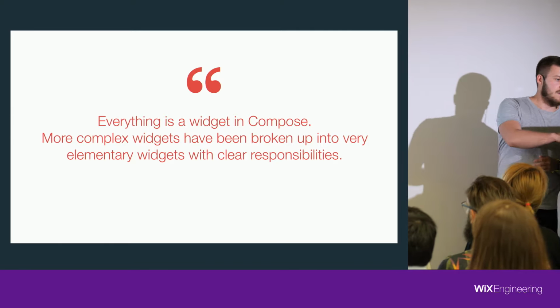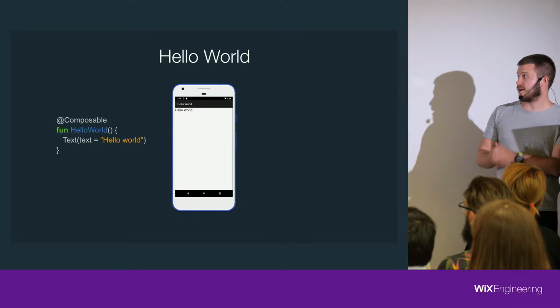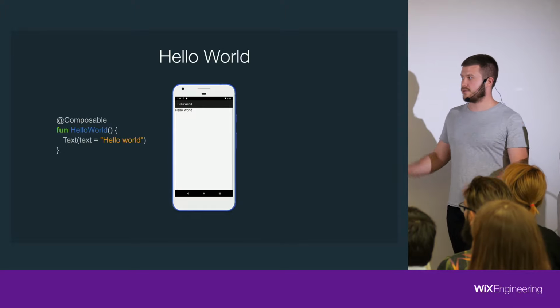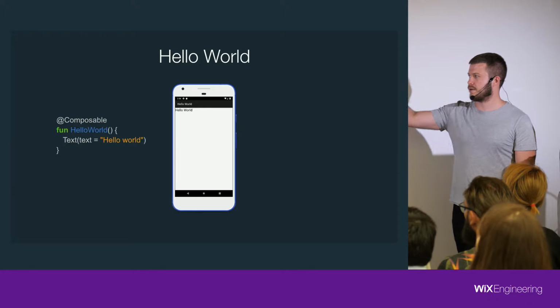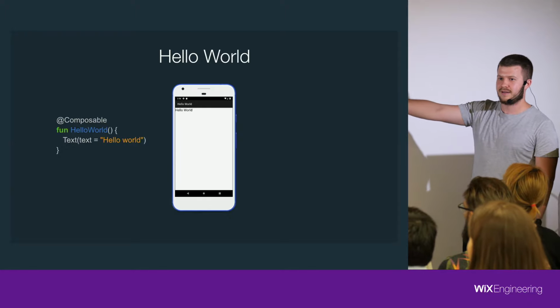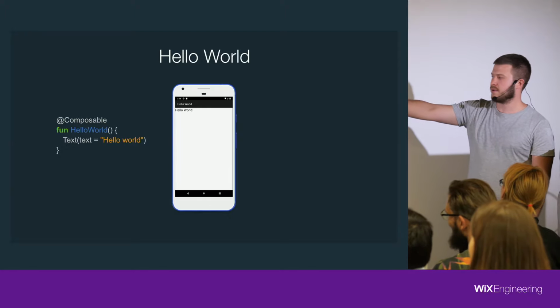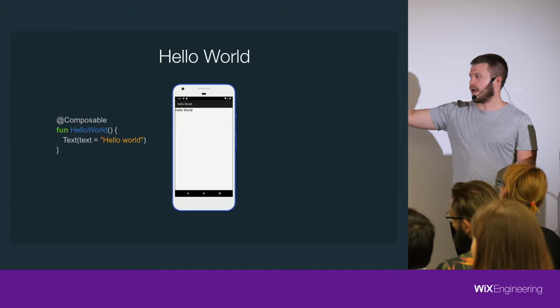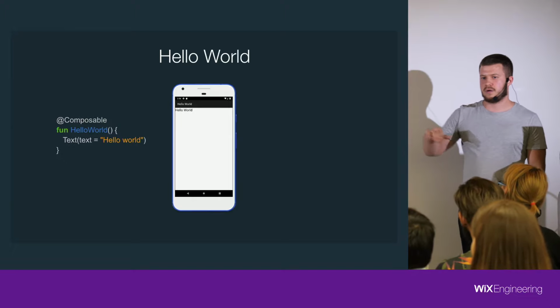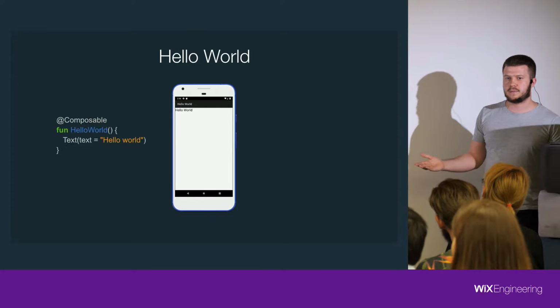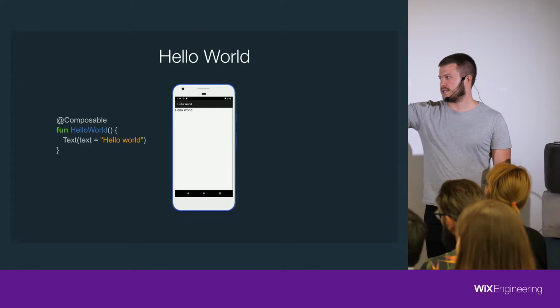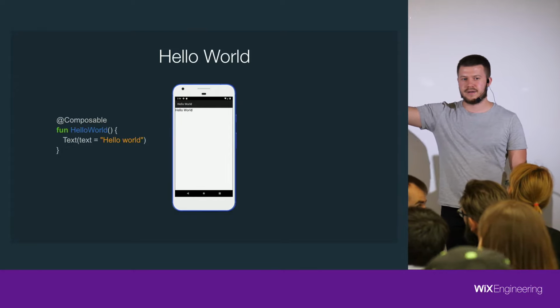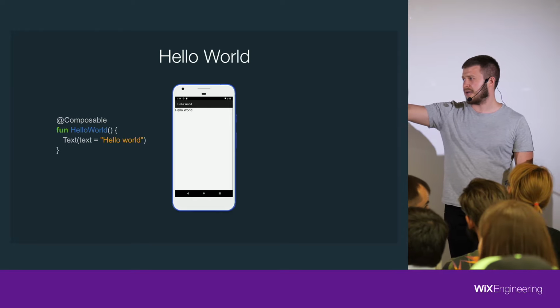So it's a hello world. I just want to show how it looks. So it's one function. It has the annotation Composable. And in Kotlin, if you only know JavaScript, you can eliminate return.